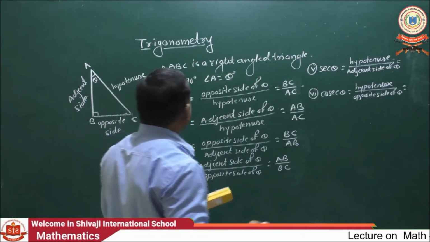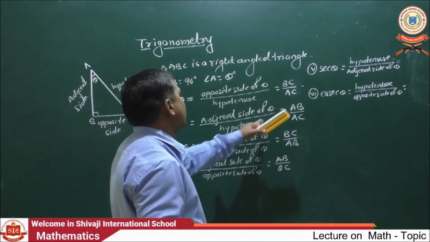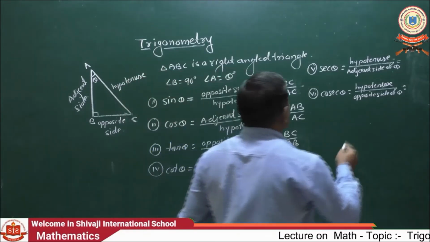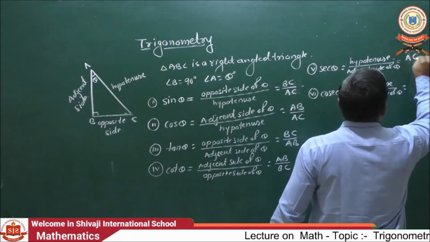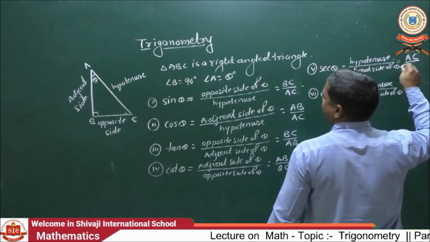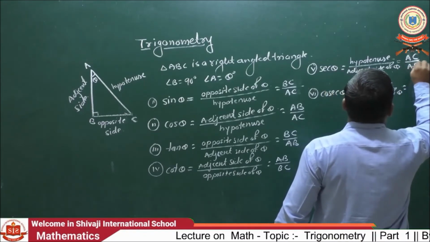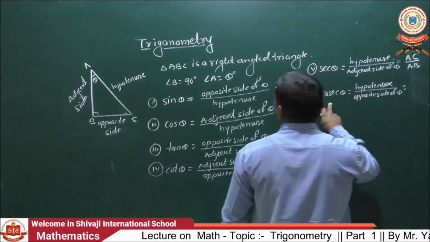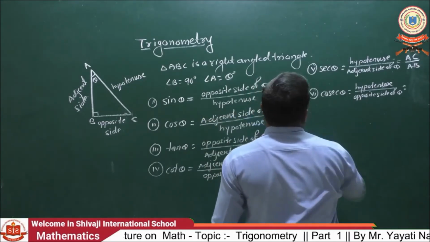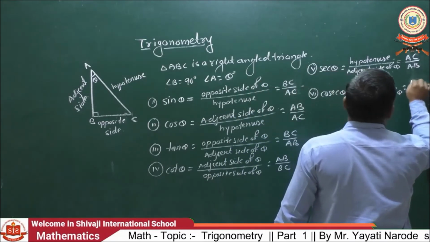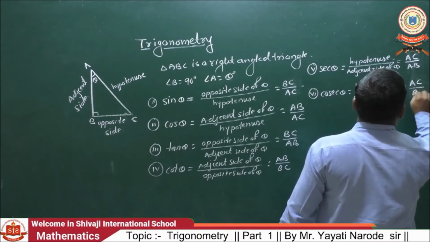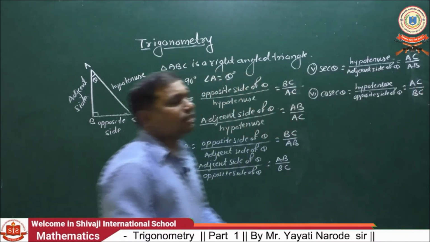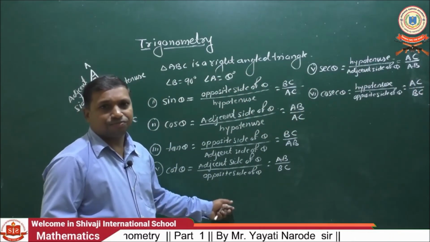So cos theta is the adjacent side of theta upon hypotenuse, so here it will be AB upon AC. Then cosec theta is the reciprocal of sin theta, therefore it is AC upon BC. So when angle theta is changed, the ratios change.